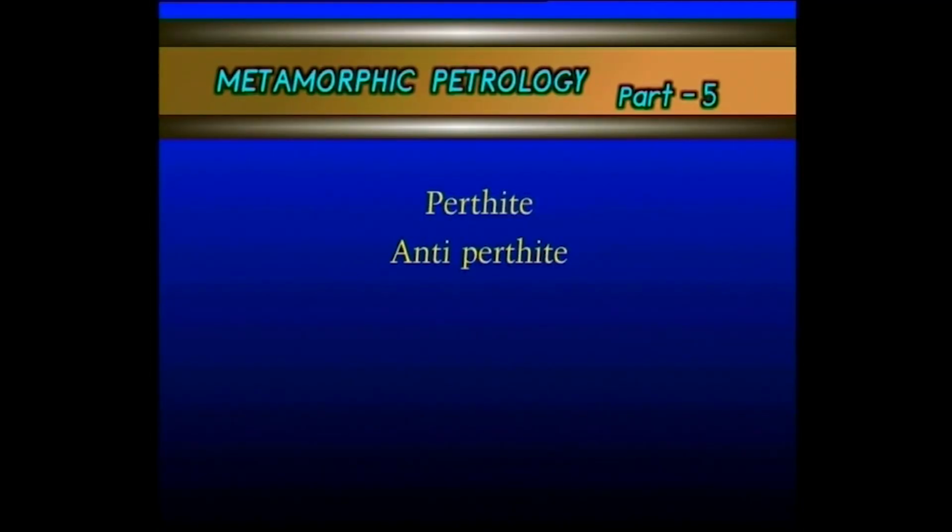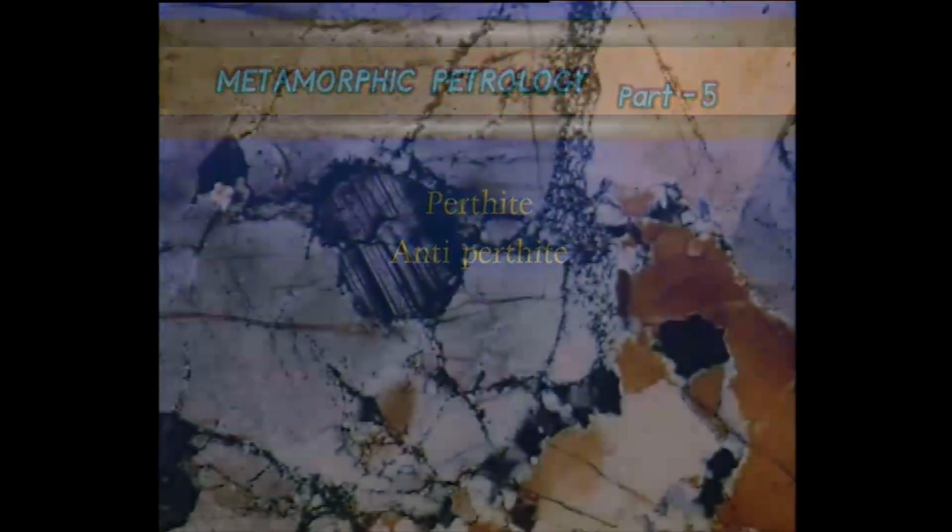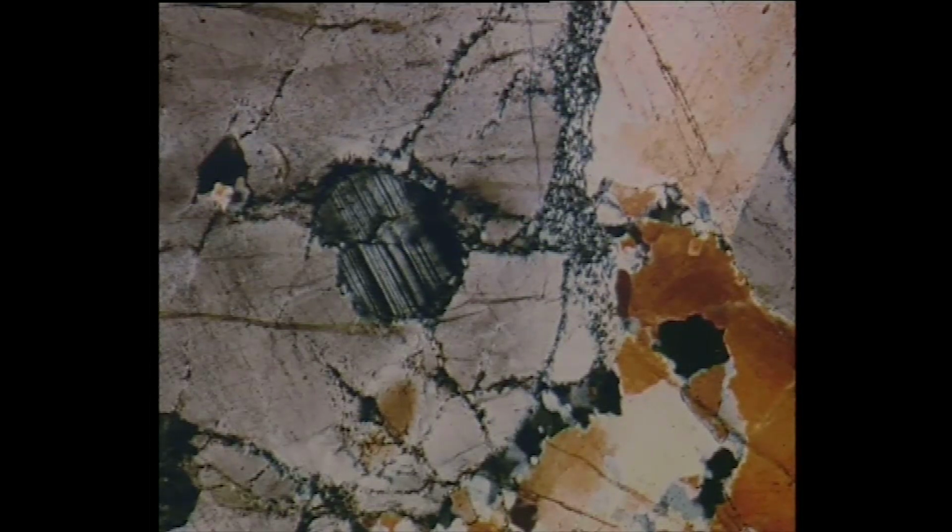Particularly, you will see the perthite and antiperthite structures, normally due to some sort of inclusions. In the two feldspar system, when potash feldspar has an inclusion of plagioclase, that is albite or oligoclase, then that texture is known as perthitic texture. In the reverse case, when plagioclase has an inclusion of undigested part of orthoclase, then that texture is known as antiperthite.